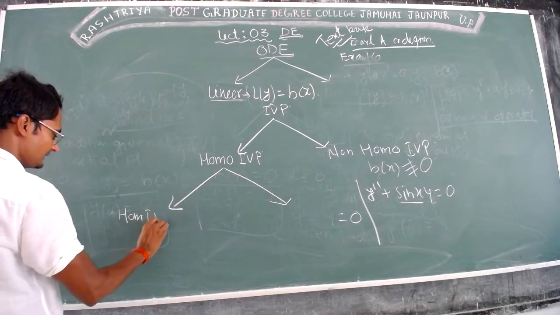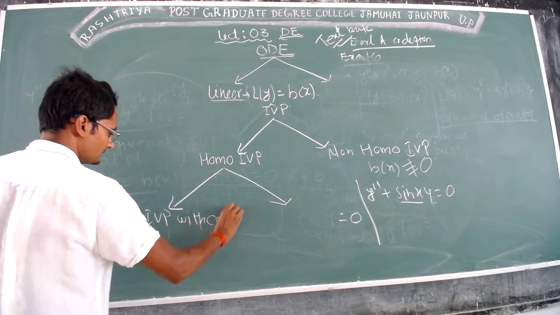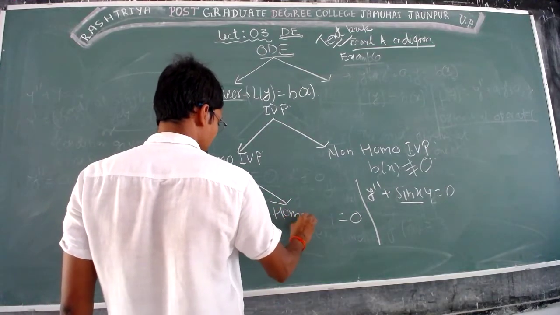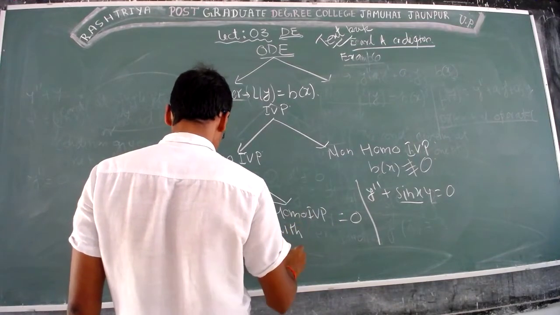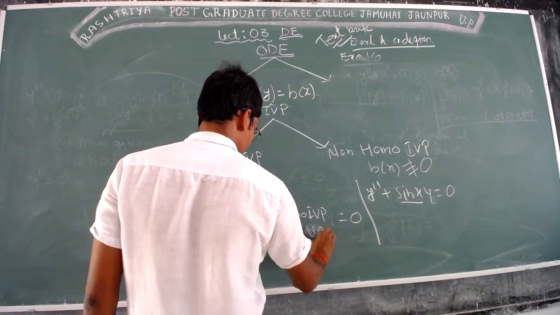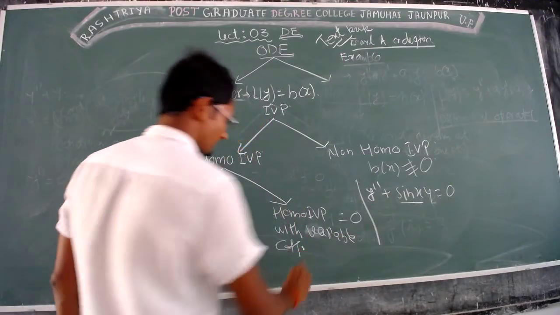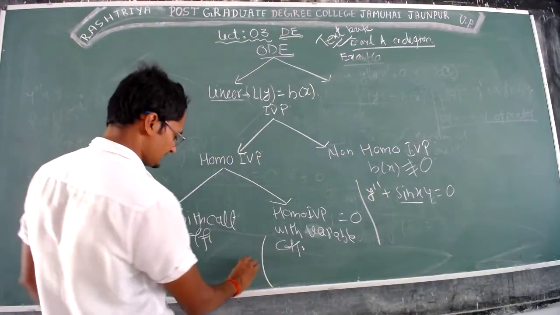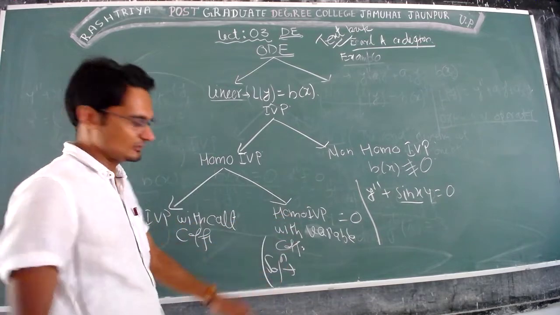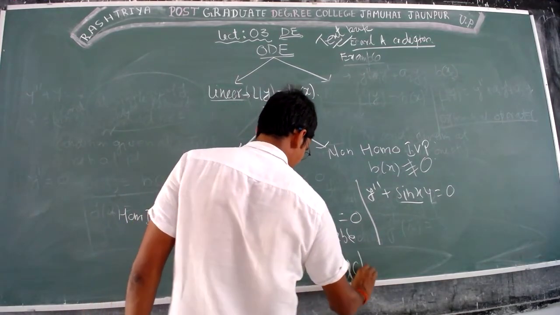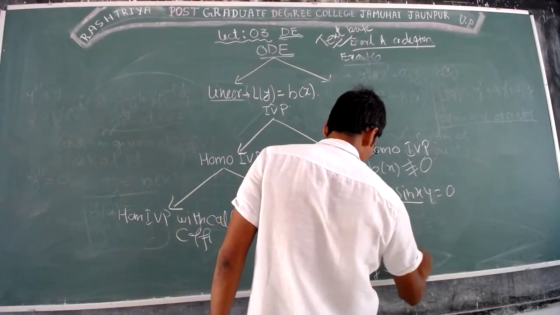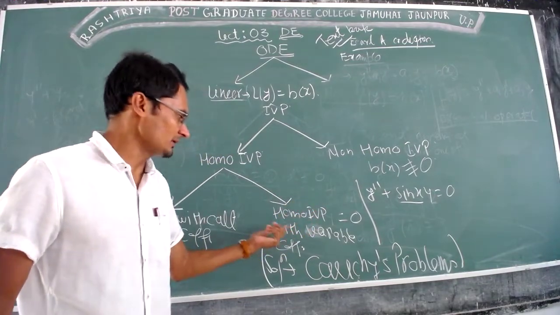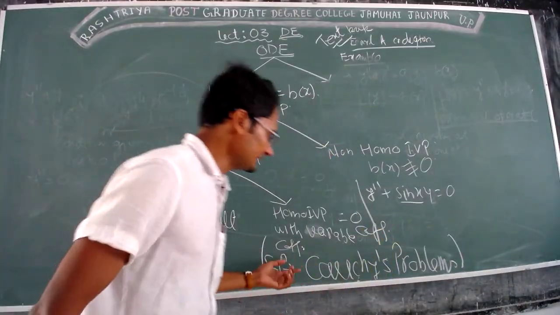The homogeneous initial value problem with constant coefficient, and the homogeneous initial value problem with variable coefficient, meaning here the coefficient will be variable. Solving a homogeneous initial value problem with variable coefficients is known as the Cauchy problem.